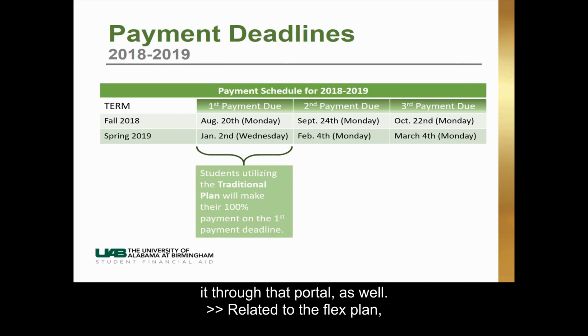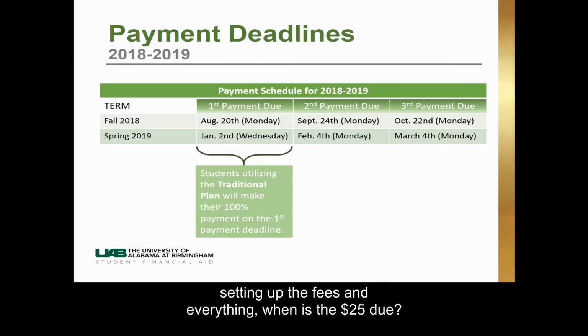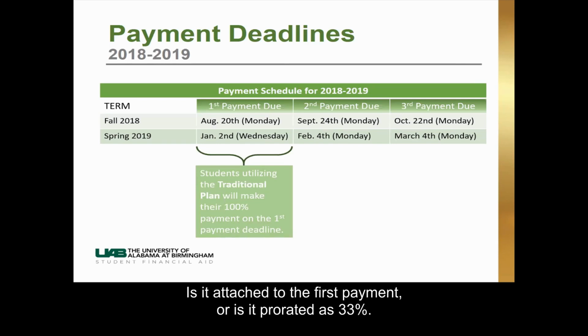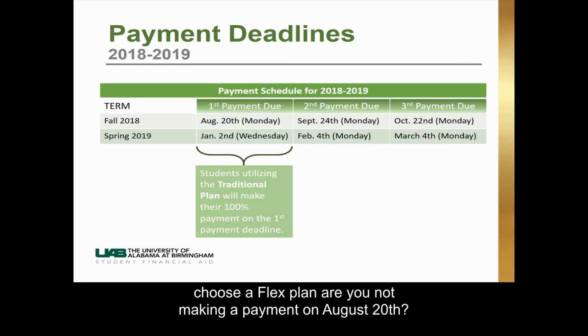Related to the Flex plan, when is the $25 due? Is it attached to the first payment, or is it prorated out as 33%? And in addition, if you choose the Flex plan, are you not making a payment on August 20th? Sure.